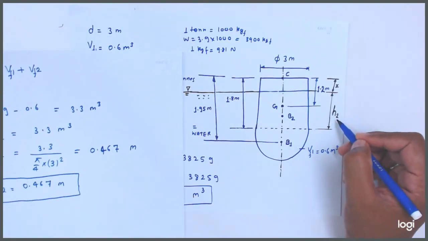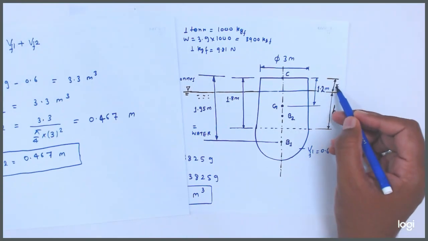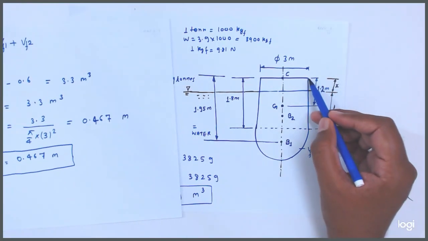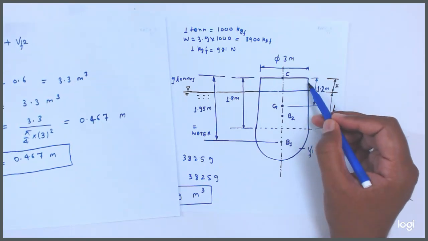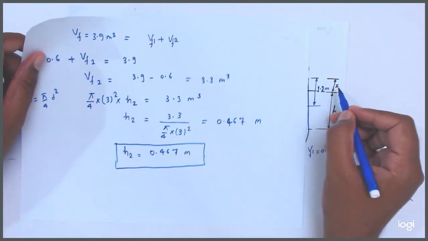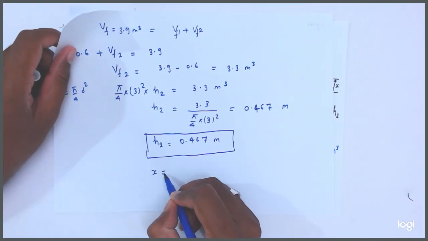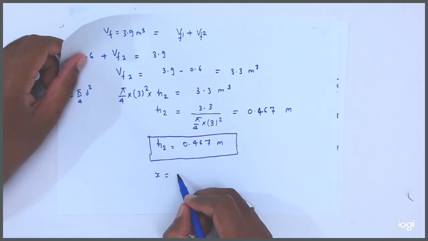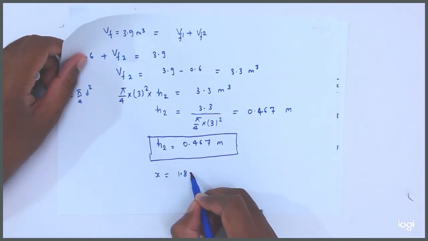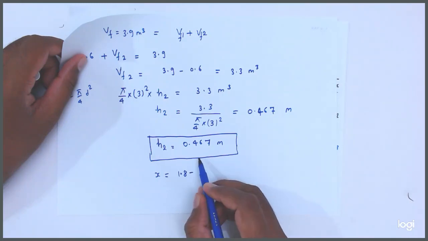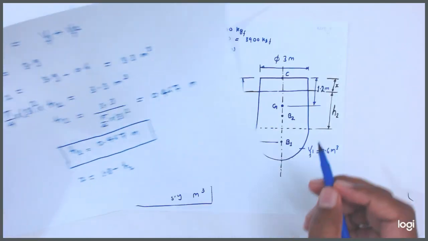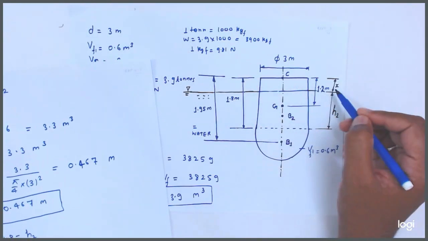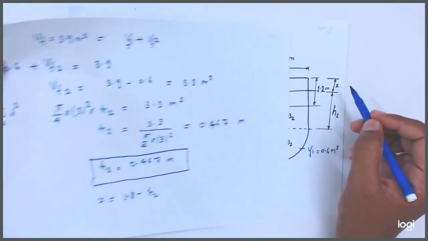This value we got. So what is the x value? It means from the top of the cylinder to the liquid, how much is there? Let this value be x. So x is equal to total height, 1.8, minus this H2. That will give the value of x.